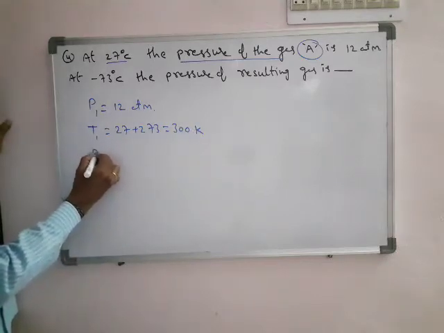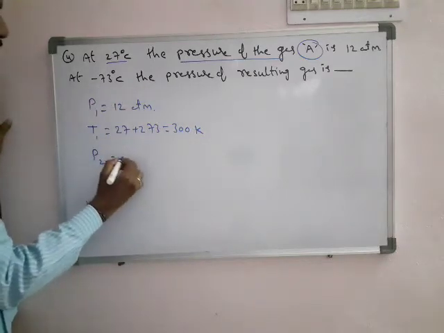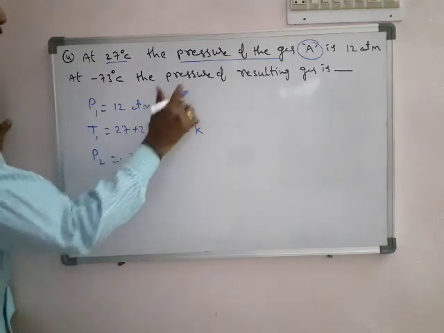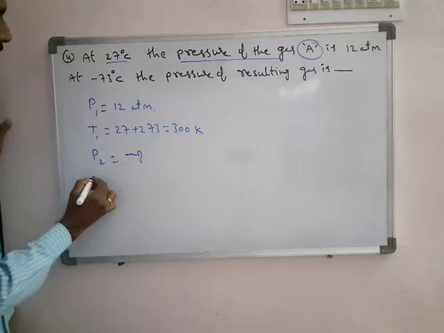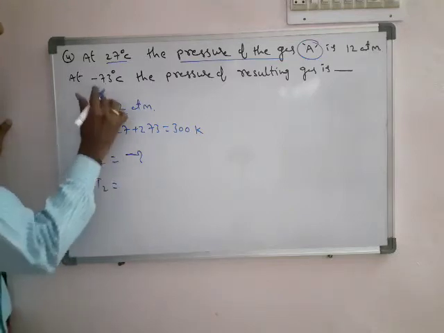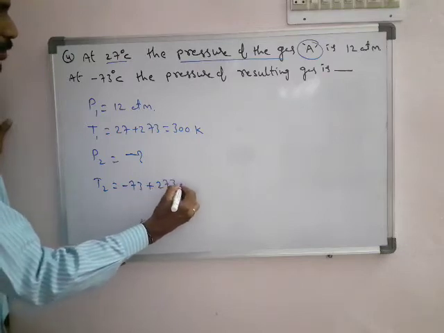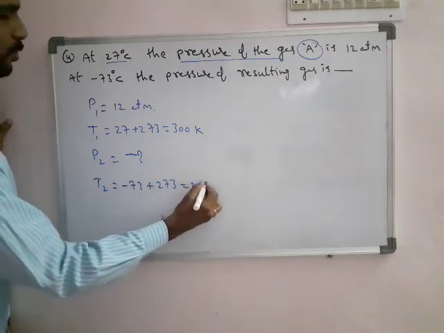So what is the P2? Its pressure is changed with its temperature. We need to find out the final pressure if its temperature is changed to minus 73 degrees Celsius, so convert it into Kelvin. So that becomes 200 Kelvin.